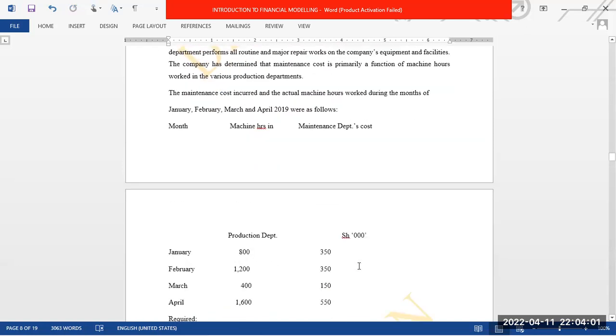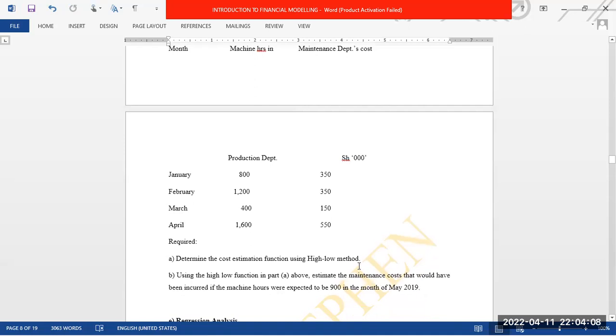So we have month, machine hours, and maintenance department cost. January, February, March, April. In January we have 800 machine hours, cost 350. February 1200, cost 350. March 400, cost 150. Then April 1600, cost 550.